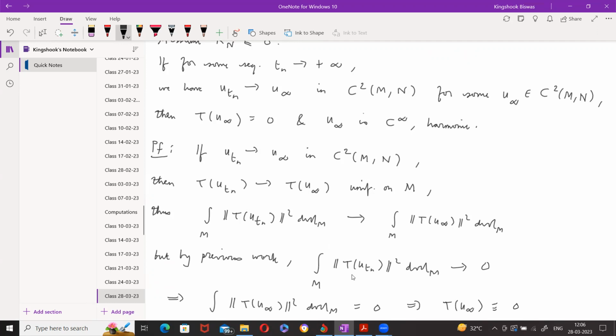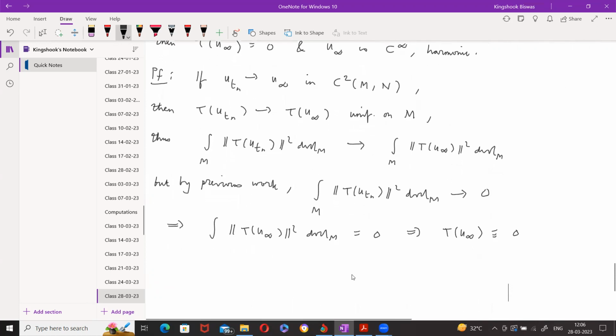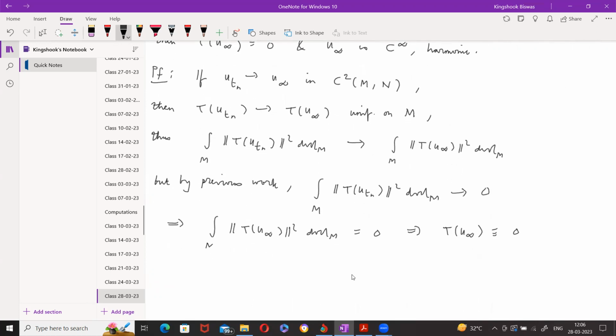This is identically 0. And so by the result that we proved last time, since tau(u_infinity) is C2, u_infinity is in fact C infinity, right? And that's it. All right.